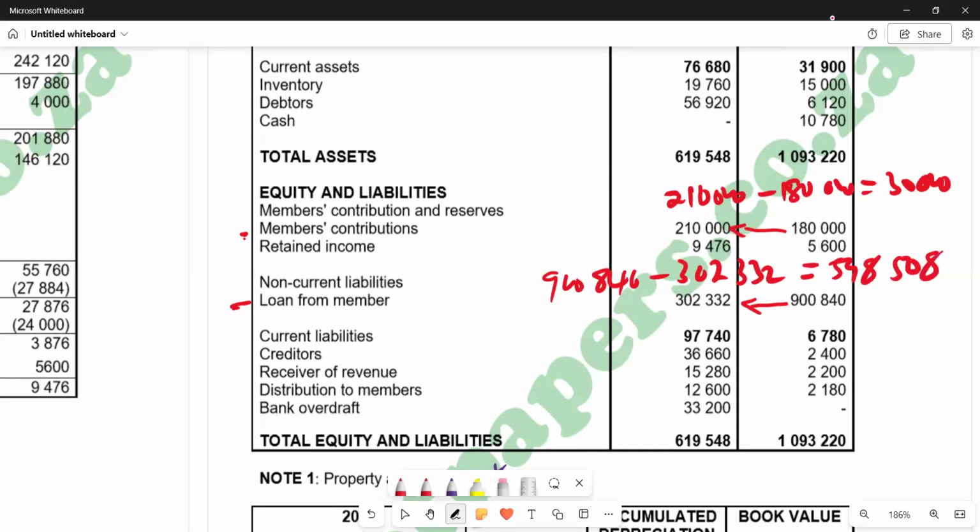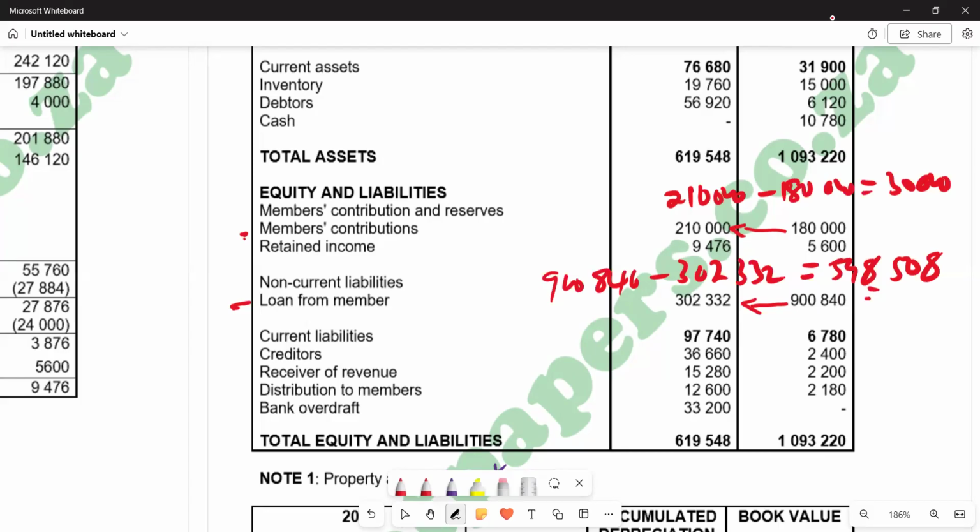You can try to verify this figure if it's correct. 900,840 minus 302,332, and you get 598,508, which is correct. So this is the figure that we have here.